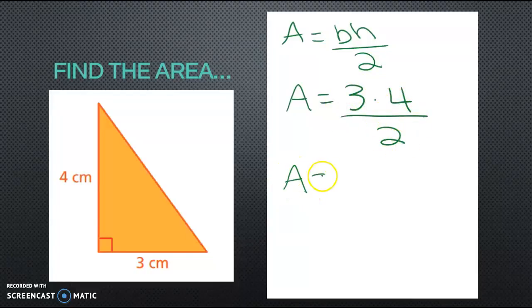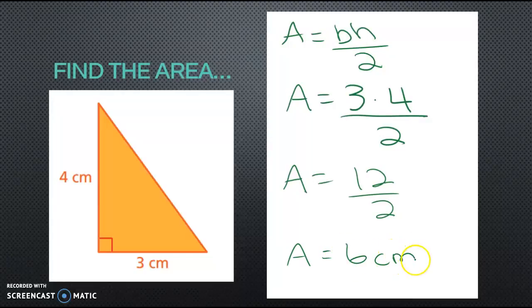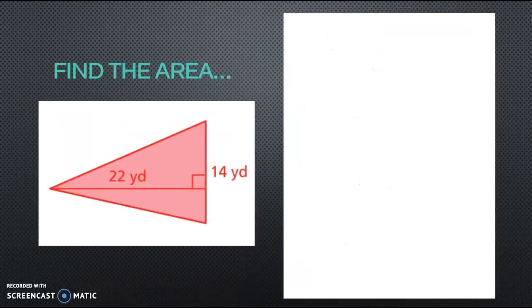So our area is 3 times 4, which is 12, over 2. 12 divided by 2 is 6, so our area is 6, and then we cannot forget our label. Since we have area, we know it's squared, and it said centimeters over here, so we know that our final answer is our area is 6 centimeters squared. I want you guys now to do this one. Pause the video, and when you guys are done, play it back, and we'll look at this one.